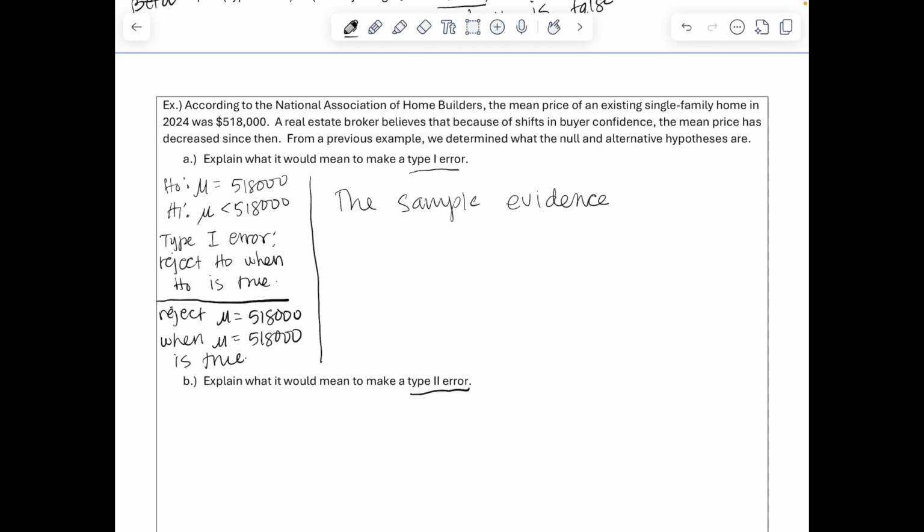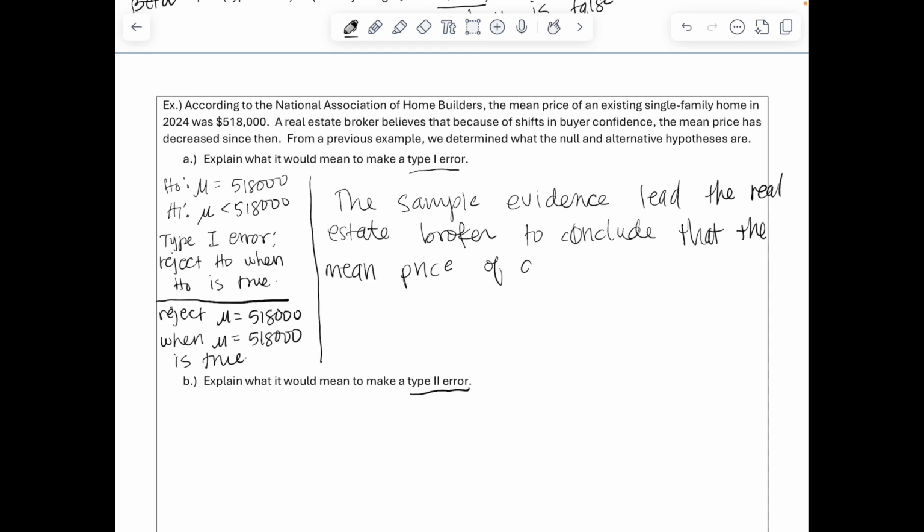So our evidence that we collected led the real estate broker to conclude that the mean, and we're going to talk about what the problem talks about, which is the mean price of an existing family home has decreased.